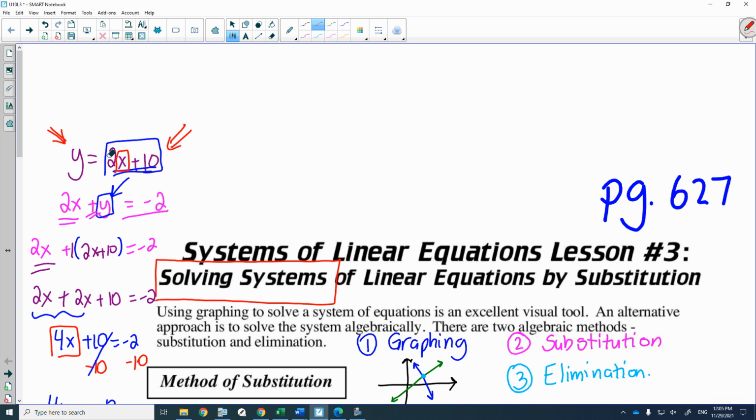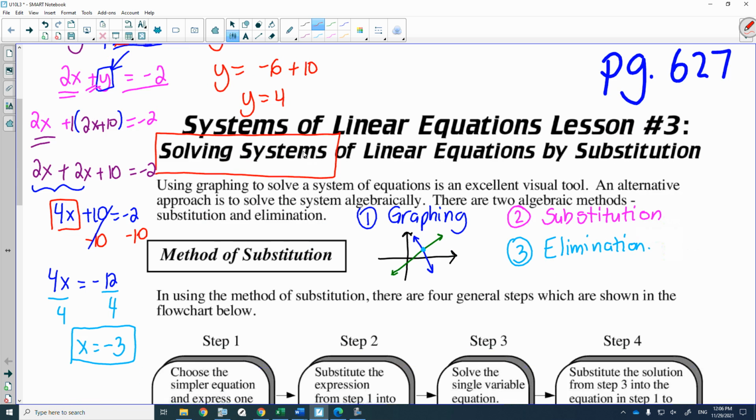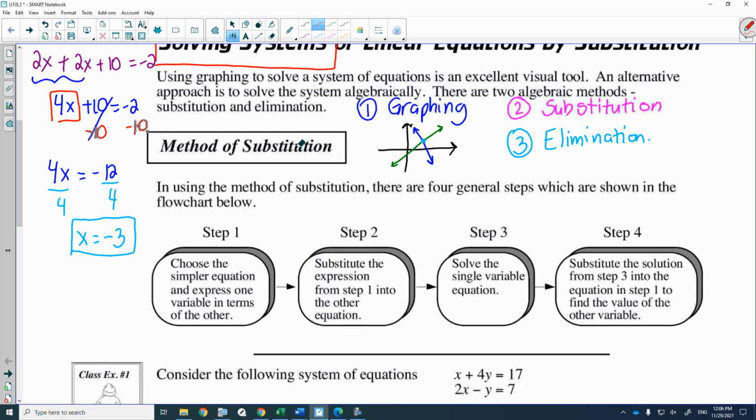So let's figure out what y would be. y is equal to 2, x was -3, plus 10. y is equal to, that would be -6 plus 10, and y is equal to 4. So x was equal to -3, and y is equal to 4. I'm just going to write that down here.